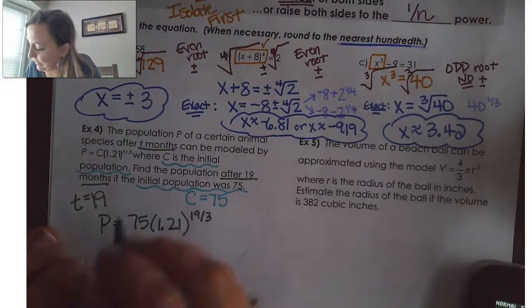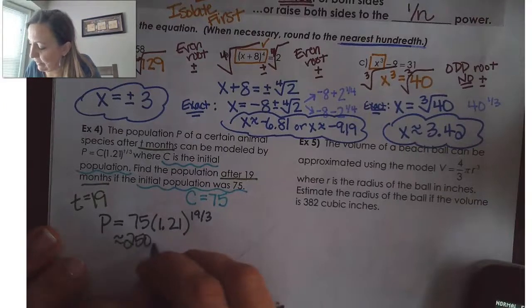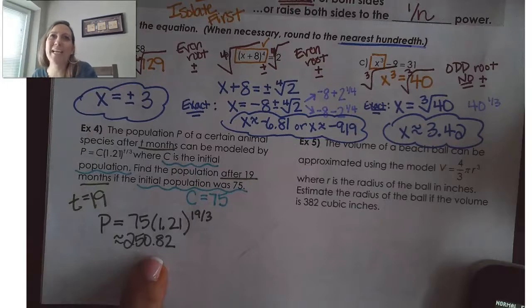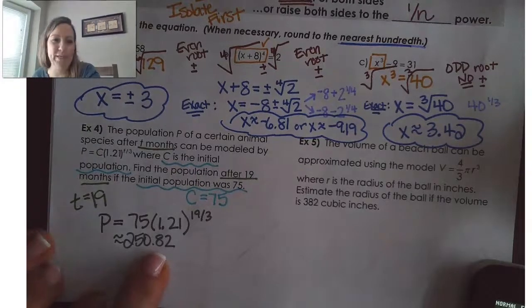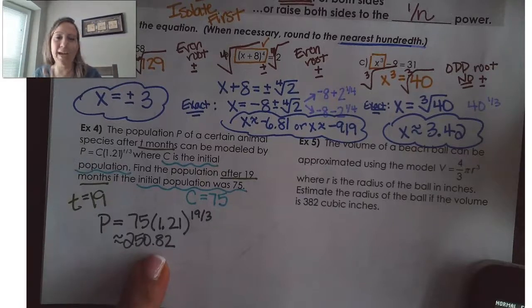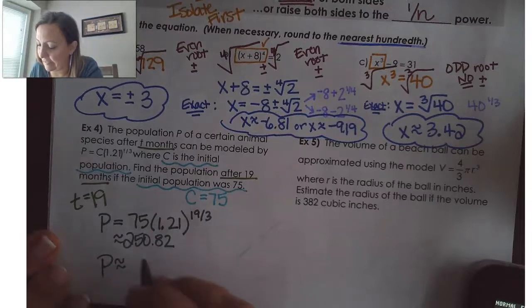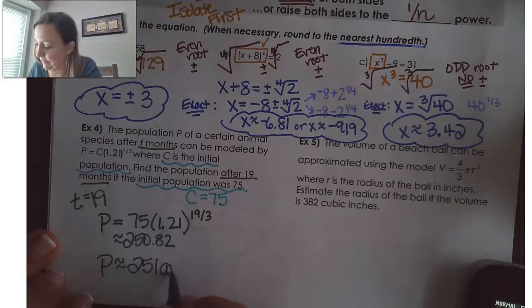I know we had been rounding to the nearest hundredth, and I know technically we don't have 0.82 of an animal quite yet. I'm going to give it the benefit of the doubt, use traditional rounding rules, and say that this is about 251 animals.